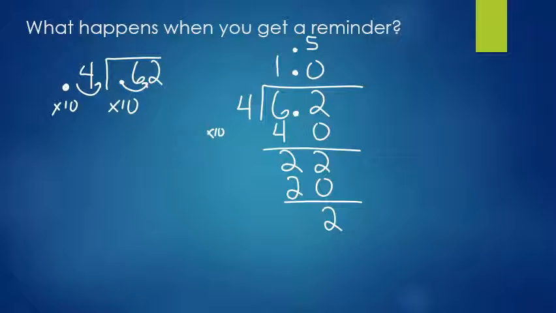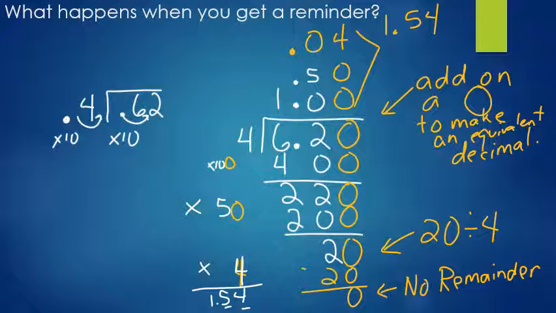Now, what happens when you have a decimal divided by another decimal and you start dividing and you find out you've used all your numbers and you have a remainder of 2? Well, when we're dividing by decimals, we cannot have a remainder left over. So what do we do? We add a 0.